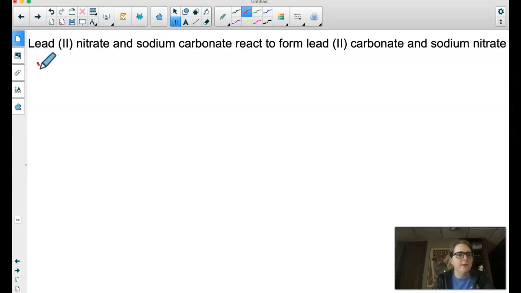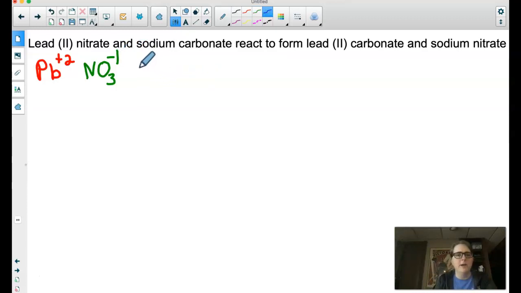I'm still going to start by looking up each piece on my formula sheet to see what are the symbols and the charges. So lead 2, according to my formula sheet, is Pb and has a +2 charge. Nitrate is NO3, so it's got 1 nitrogen and 3 oxygens, and it has a -1 charge.